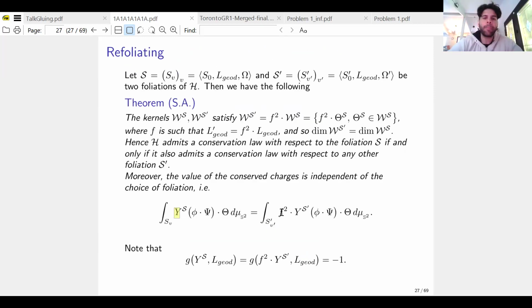In any case, even if you take f to be 1, you can still get different foliations, okay? So in the case where f is 1, you have precise agreement for the conserved charges. So the theorem tells you that given one foliation and a conservation law with respect to that foliation, then for any other foliation, you have a conservation law and the conserved charges agree.